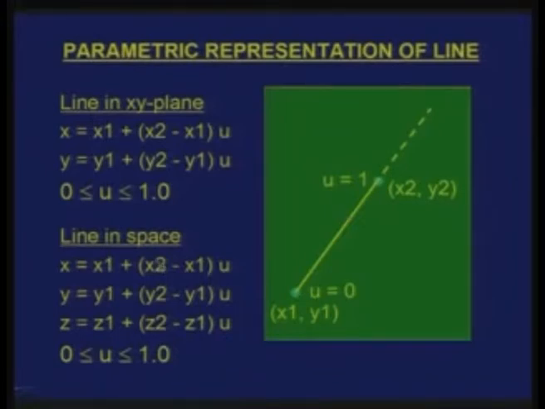I can extend the same definition for a line in a space where I have 2 points, x1 y1 z1 and x2 y2 z2. The 2 points need not lie in a specific plane. They need not be in an xy plane or parallel to the xy plane or any of the standard planes.